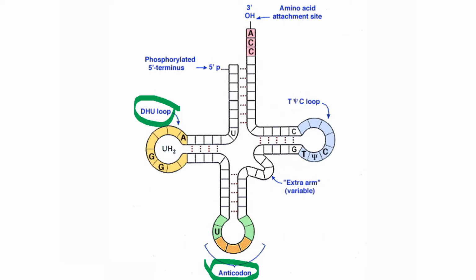There's also what is called the T pseudouridine C loop, and this is involved in binding the ribosome. And at the 3' end of this structure, with the 5' end being here, there is the site of amino acid attachment, and that has a sequence of C, C, A.